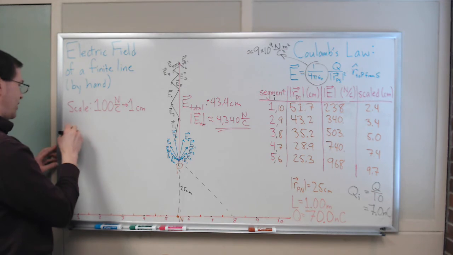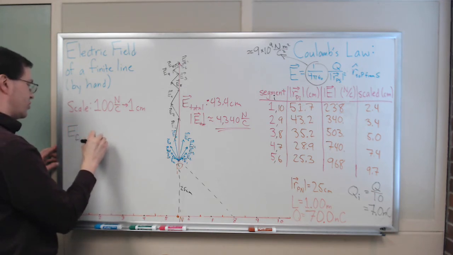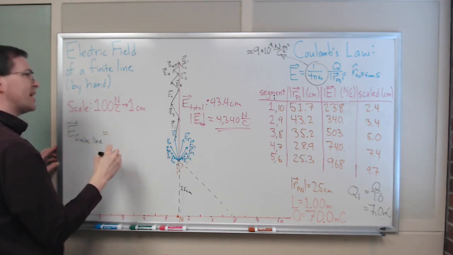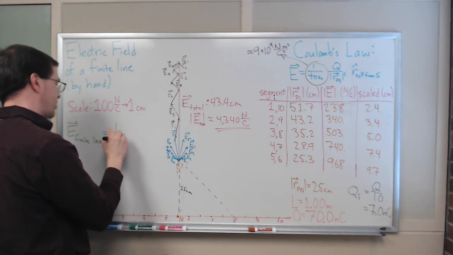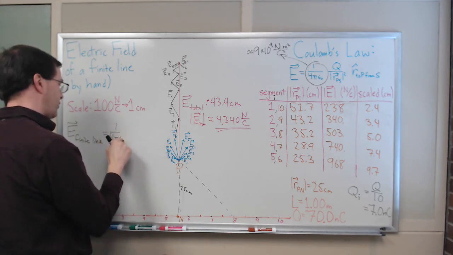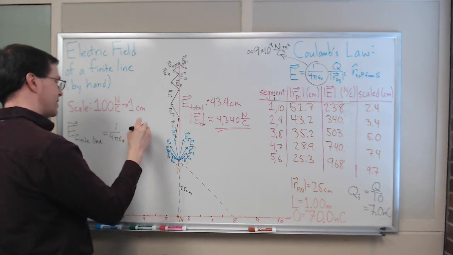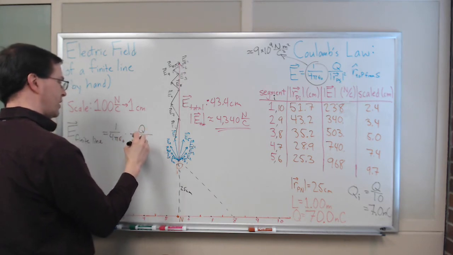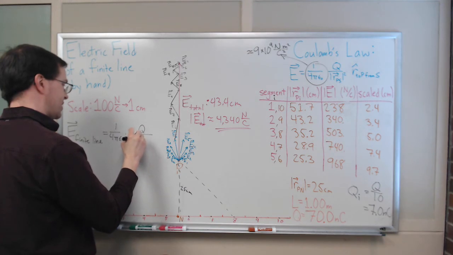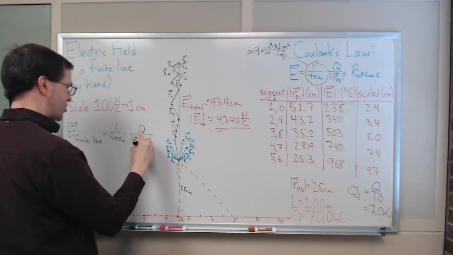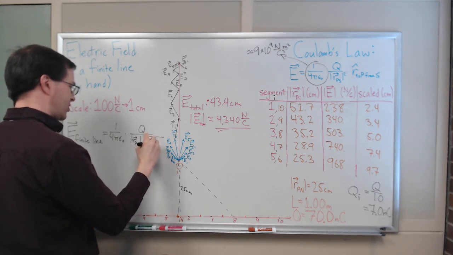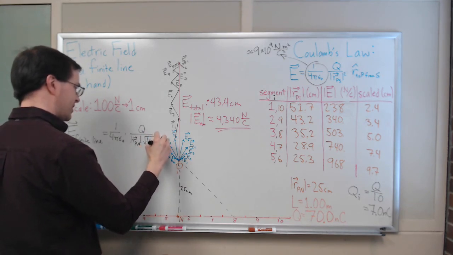I might remember E for a finite line using calculus is something like 1 over 4 pi epsilon naught times q over the distance of the point from point P to that nearest point down there times the square root of the length over 2 squared plus that distance squared.